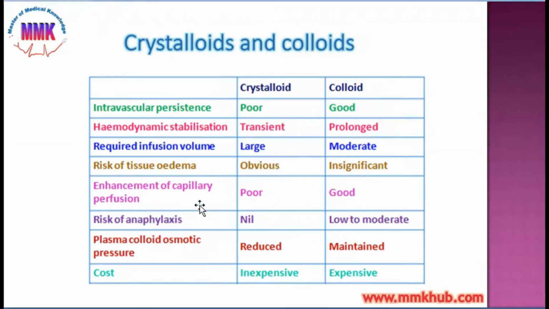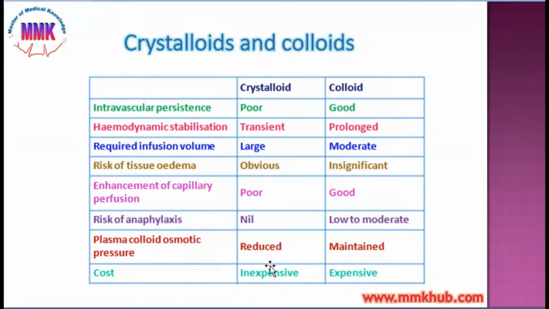Enhancement of capillary perfusion is poor in the crystalloid, but is good in the colloid. Risk of anaphylaxis is nil in the crystalloid and low to moderate in the colloid. While the plasma colloid osmotic pressure is reduced if we infuse the crystalloid, it is maintained with the colloids.